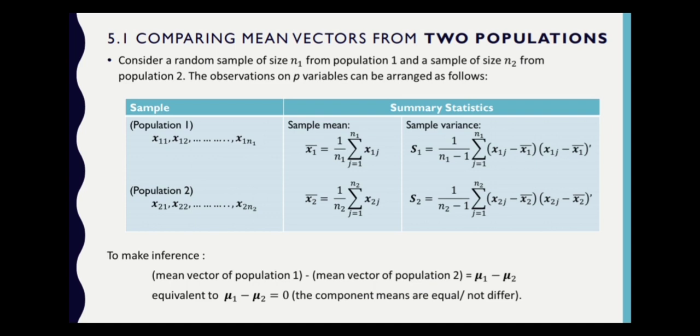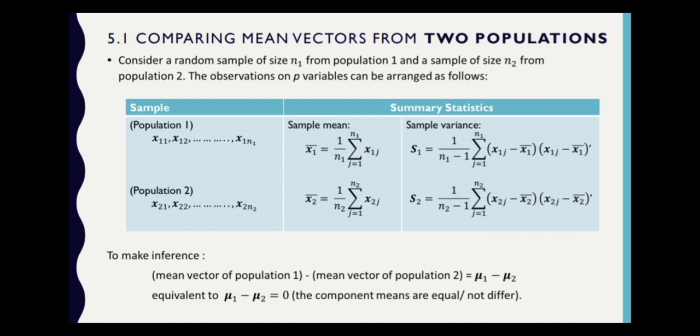Let's say we consider a random sample size small n1 from first population and small n2 for the second population. Okay, we have two population with the sample size small n1 and small n2. So the observation on p variables can be arranged as follows.